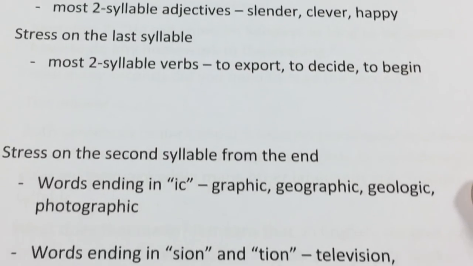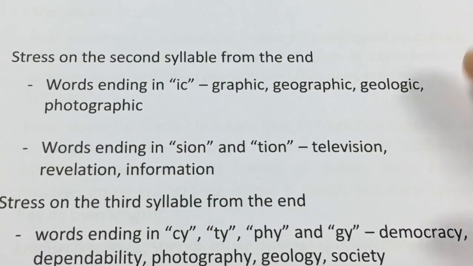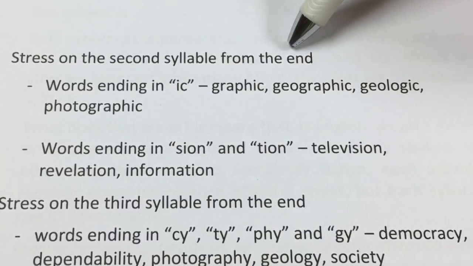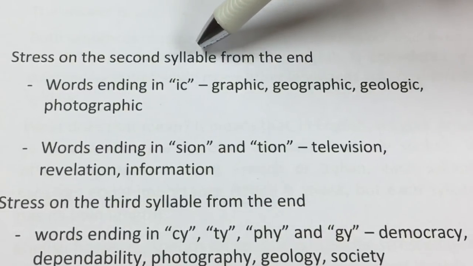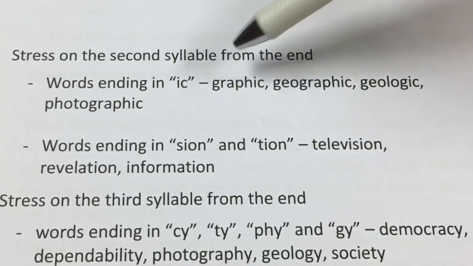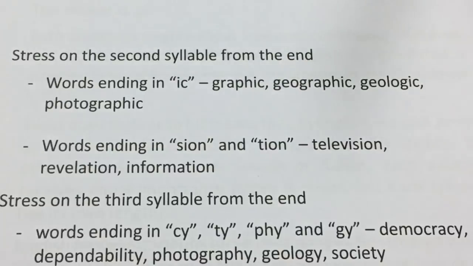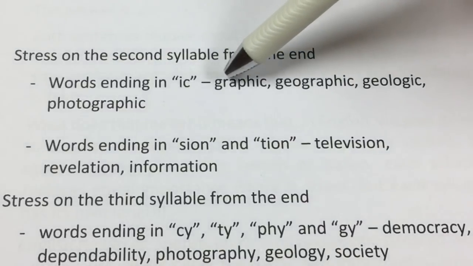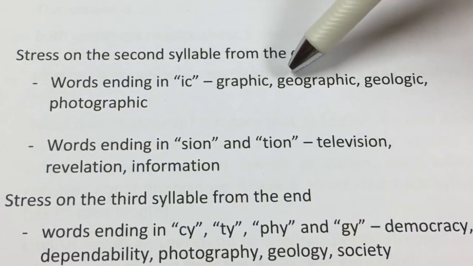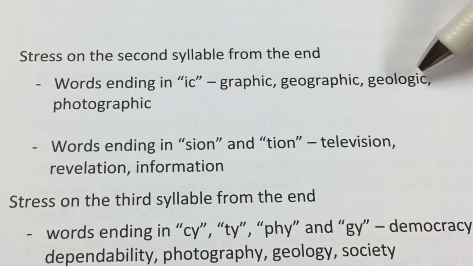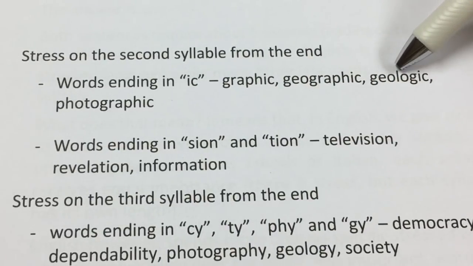Now let's see other examples. We stress on the second syllable from the end for the following words. The second syllable from the end means counting from the end, the second syllable. For example, graphic. We stress on graphic, right, 1, 2. So this one is read as geographic. This one, 1, 2, geologic.